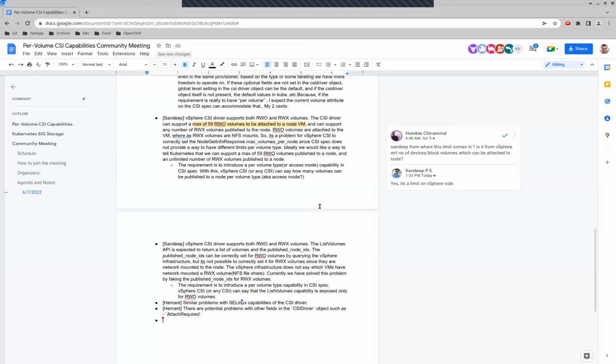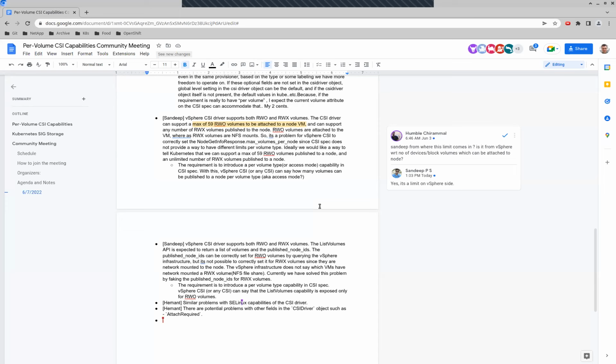Yeah, but Kubernetes already has this CSI driver object that we use to basically signal to Kubernetes specific features that the CSI spec doesn't cover, and something as simple as being able to have multiple instances of that object per driver, and then to be able to switch between them on a per volume basis wouldn't be the end of the world.